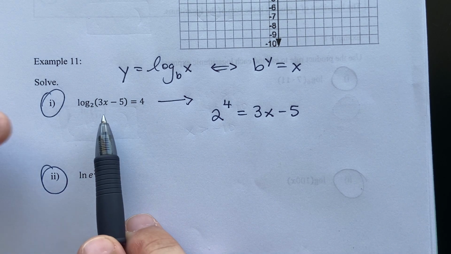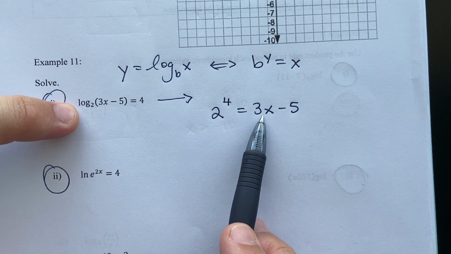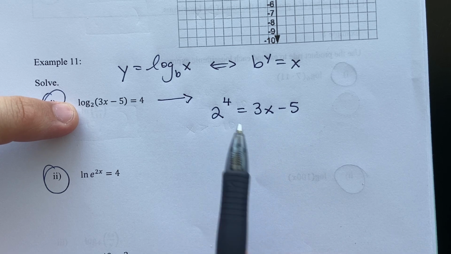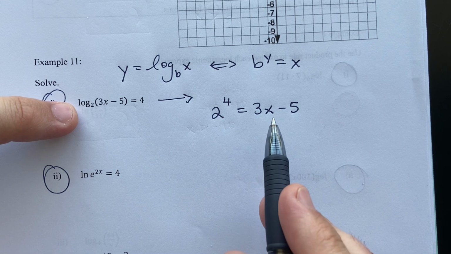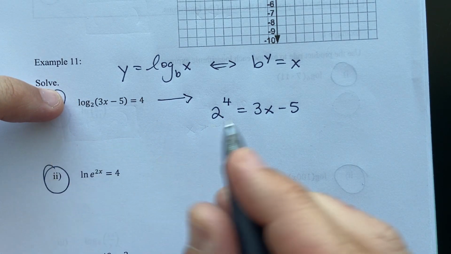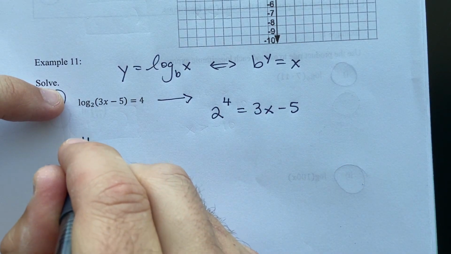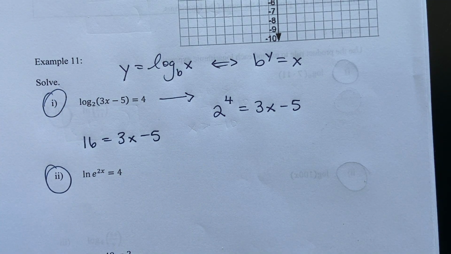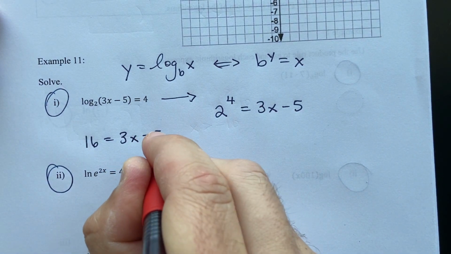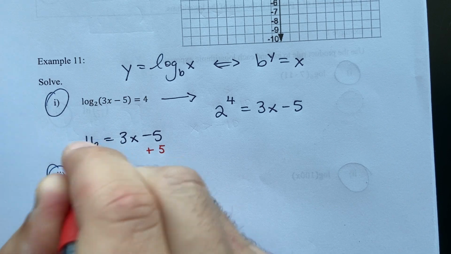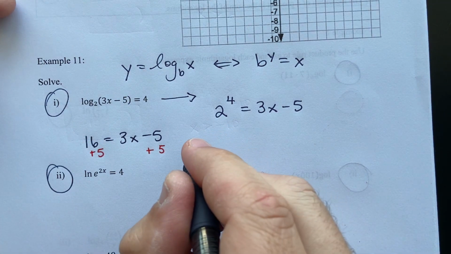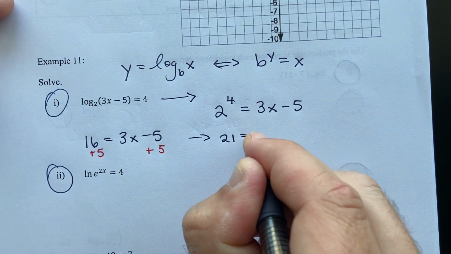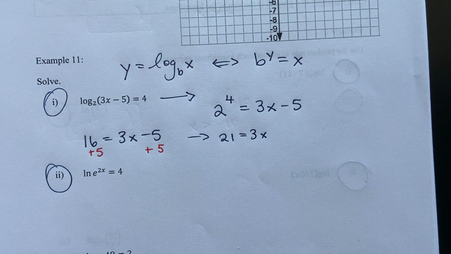So as soon as you convert this logarithmic equation into this exponential form, you now actually just have a linear equation. So 2 to the 4th would be 16. And now solve for x. So 21 equals 3x, divide by 3.